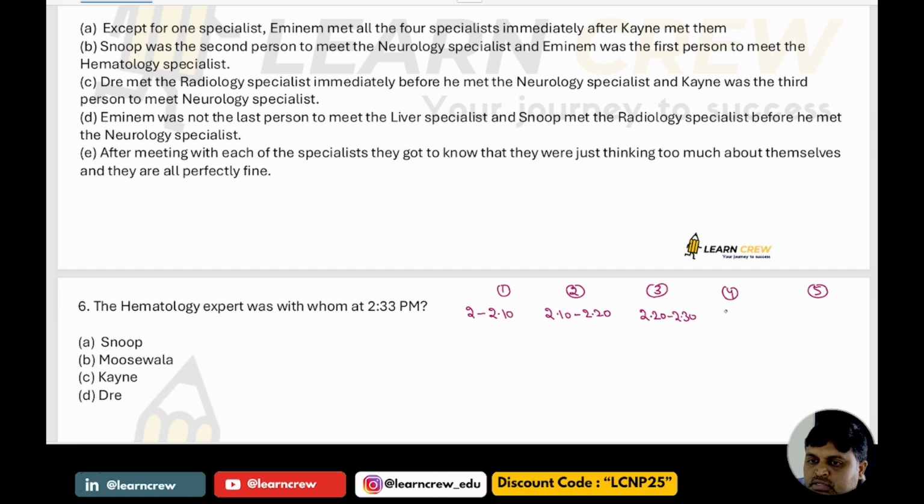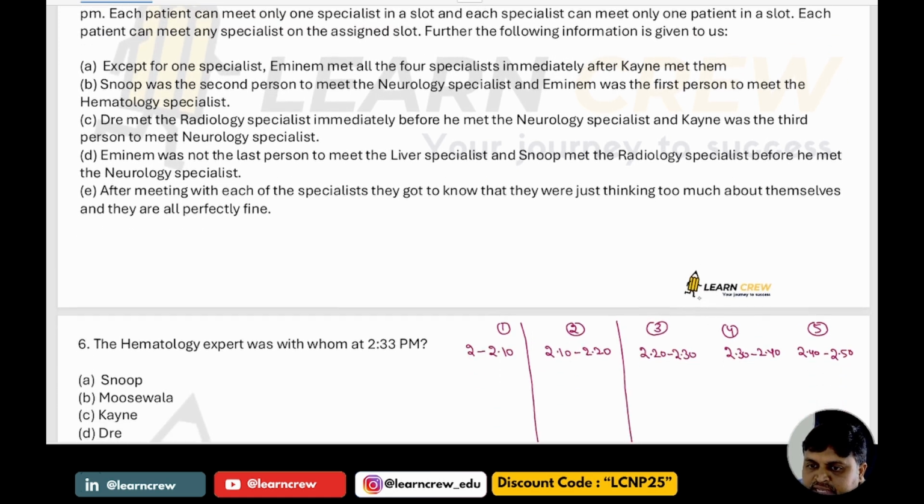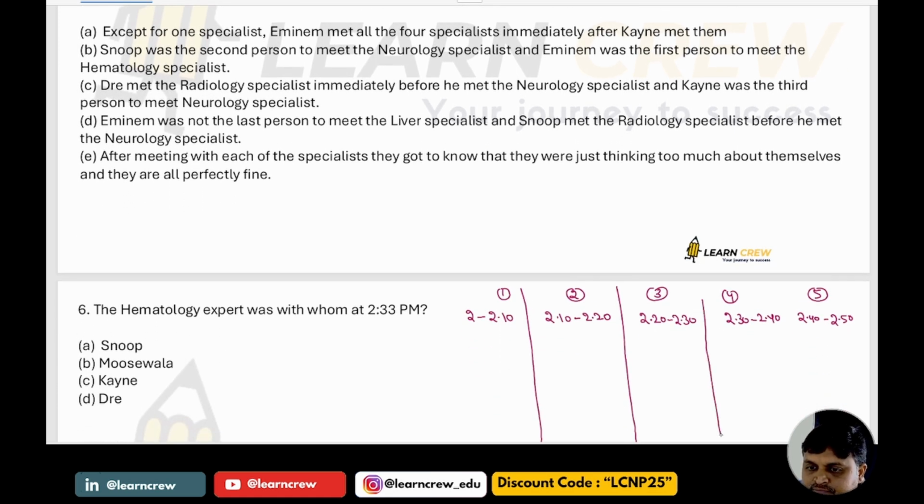Fourth slot 2:30 to 2:40. And finally fifth slot 2:40 to 2:50. So in these 5 slots, the 5 patients are visiting specialists, right? This is what is given.